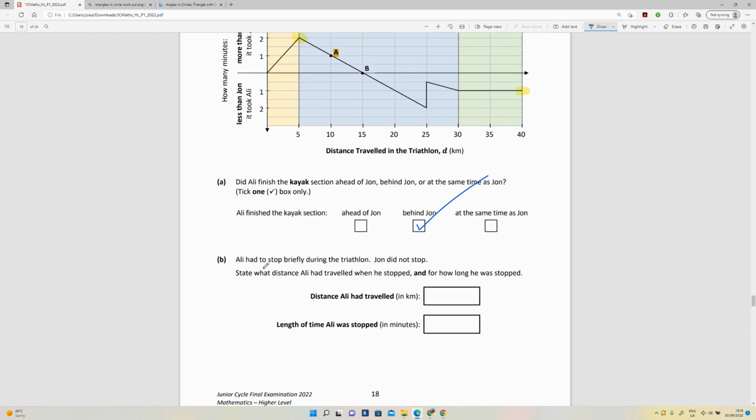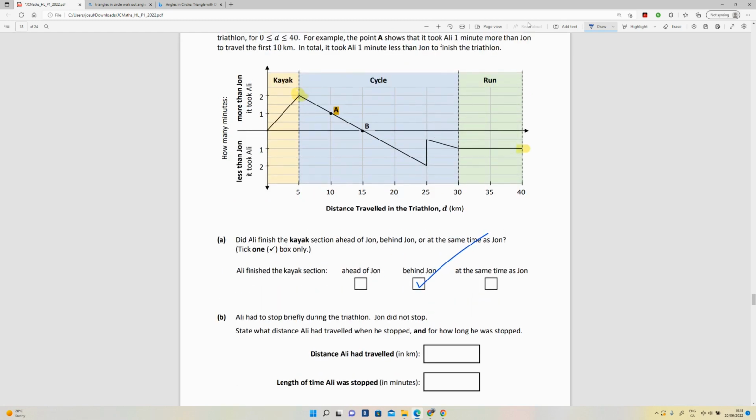The second part, Ali had to stop briefly during the triathlon. John did not stop. So we see here that Ali has stopped for what looks like 1 minute and a half. So the distance Ali had traveled. So he had traveled 25 kilometers and then he stopped for some amount of time.